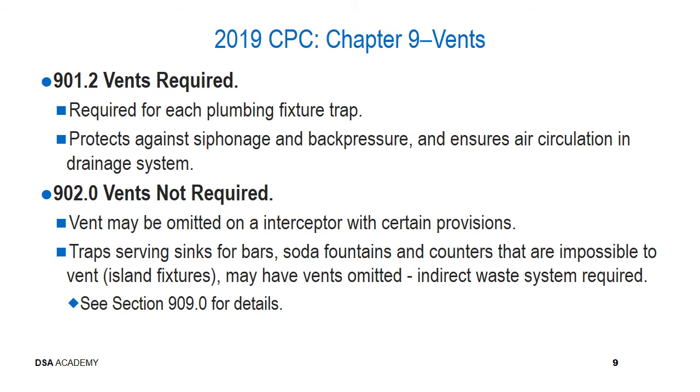Some of the common ways for a trap to lose its seal is siphonage, leakage, aspiration, momentum, oscillation, back pressure, evaporation, and capillary attraction.